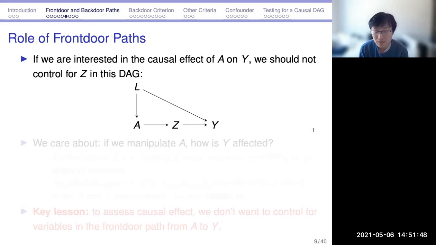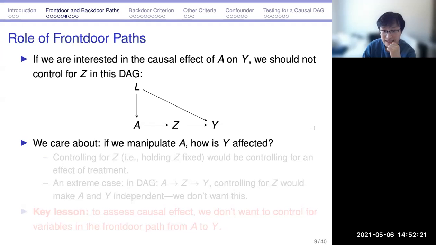So one important thing about front door paths is that because it captures the causal effect we care about, we do not want to block it in our analysis or in considering conditional ignorability. In particular, if we're interested in the effect of A on Y in this causal DAG, we should not control for Z, or we should not condition on Z. We should not block this path.